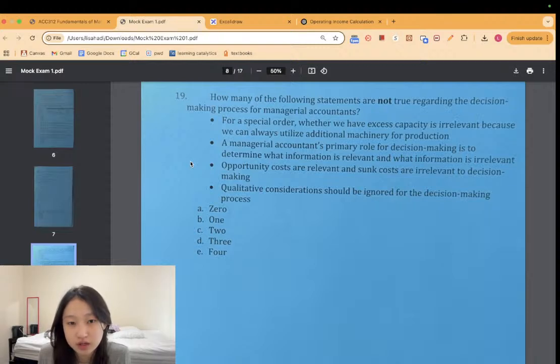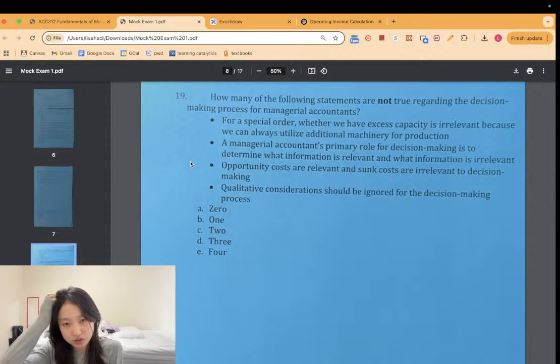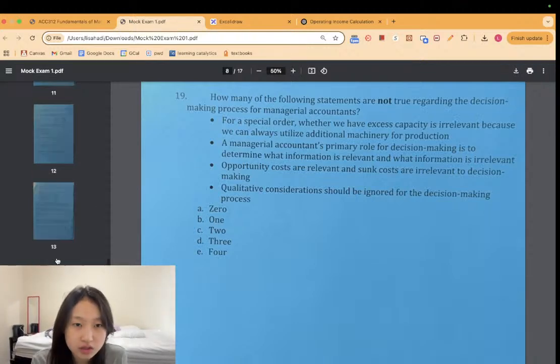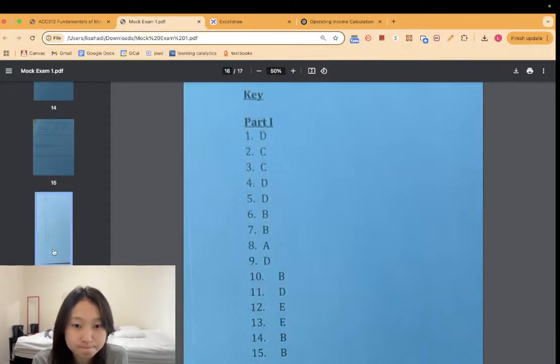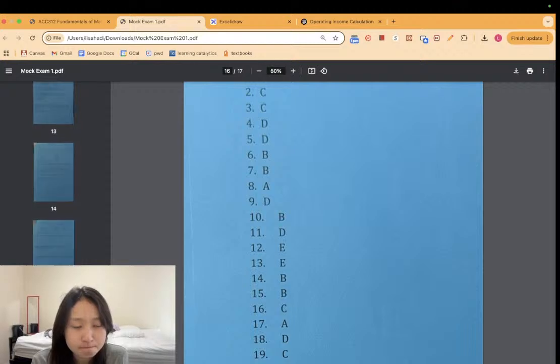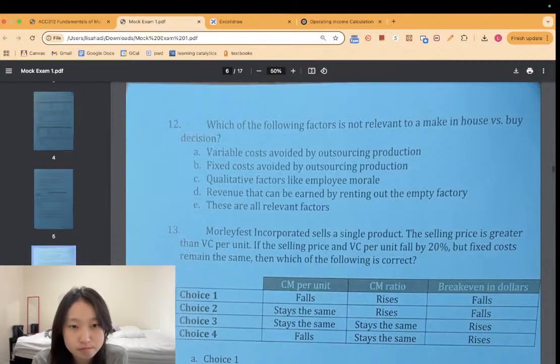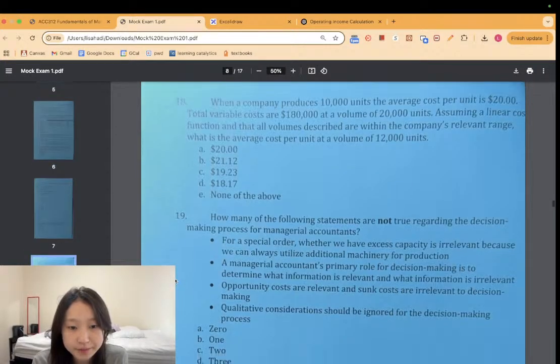Okay, that one is right. Opportunity costs are relevant and sunk costs are irrelevant. That is true. Qualitative consideration should be ignored. I think that's true. So I think the answer is 1, but I'm not sure. Is 19 B? No, it says that 19 is C, which is 2.